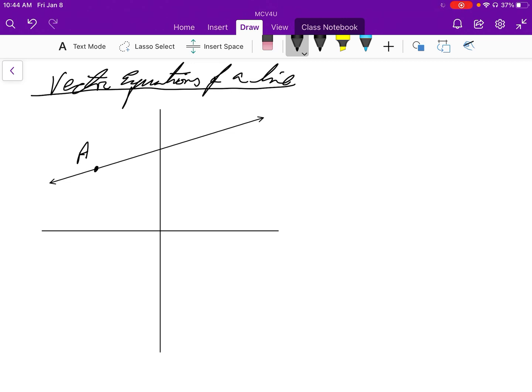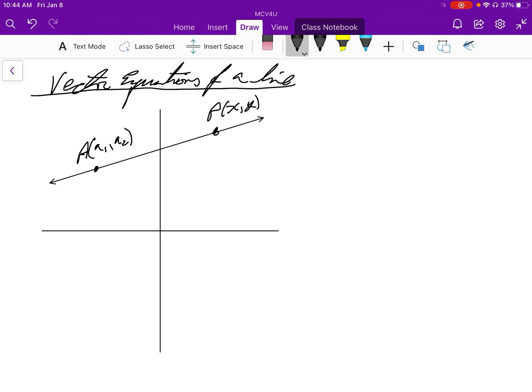Any other point on this line is going to be considered point P. This P, we don't know what it is, but we know that it has an x and a y coordinate to it. A is a specific point, A1, A2. It's on the line somewhere in 2 space.